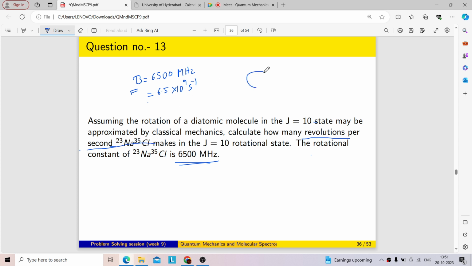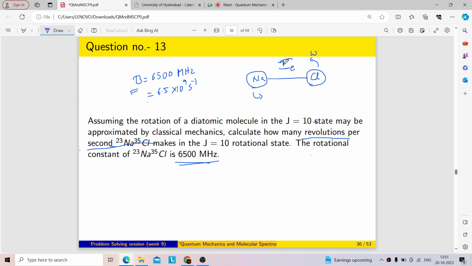Okay, let's draw this sodium chloride. You can approximate this as a rigid rotor in classical mechanics. In that case, it will have a moment of inertia, that's I, and it will have some angular frequency omega with which it will be rotating.